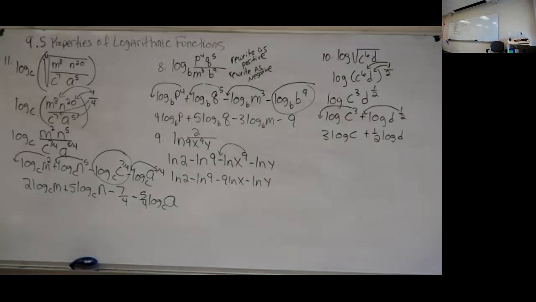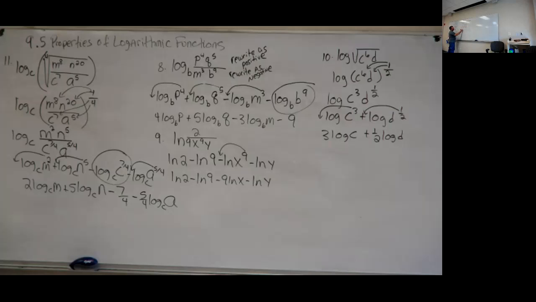So if you find these being added, you're going to write them as multiplication. This one has a log of 100 minus a log of 10. Subtraction, so you're going to write it as division.